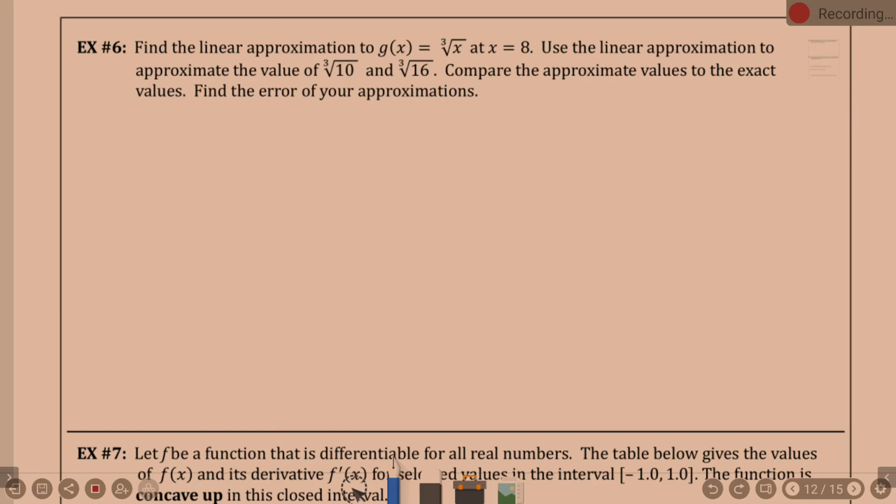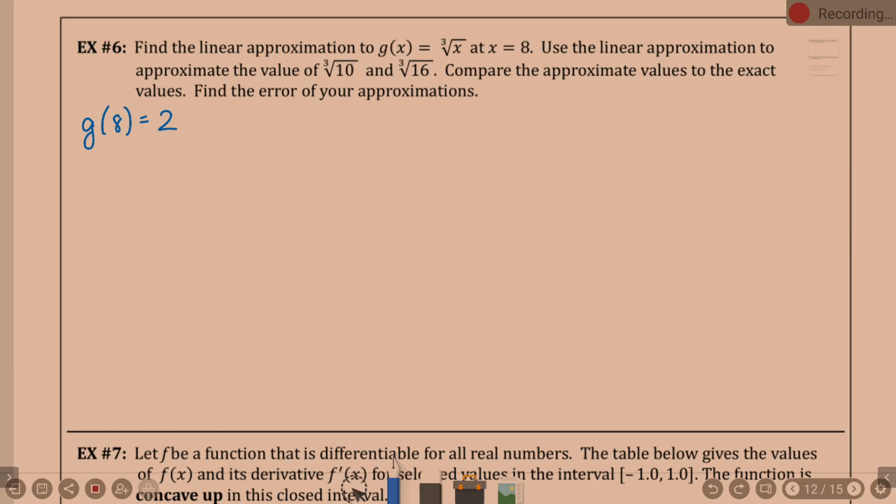What do we know? We talk about g(8). g(8) is what? 2. The cube root of 8 is 2.